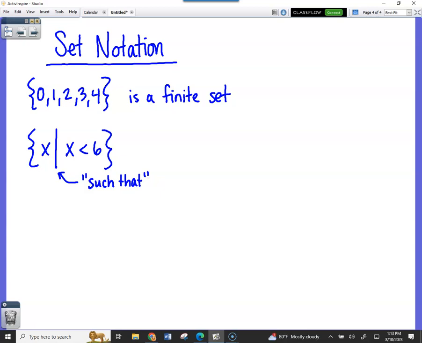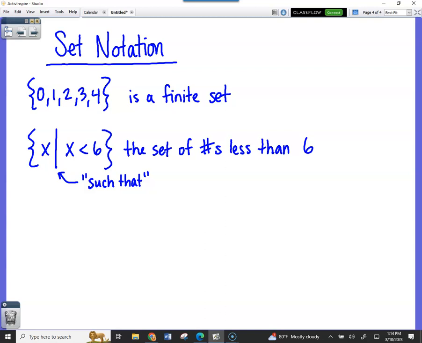So this is the set of numbers X such that X has to be less than 6. Does that make sense? So we're going to say the set of numbers less than 6. That's how you read it.